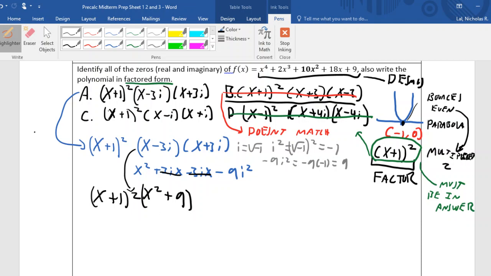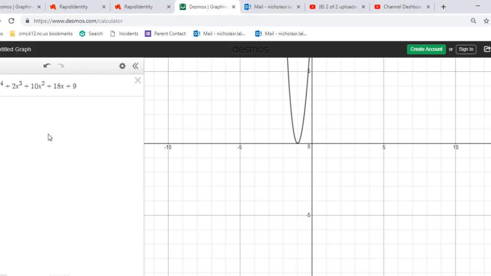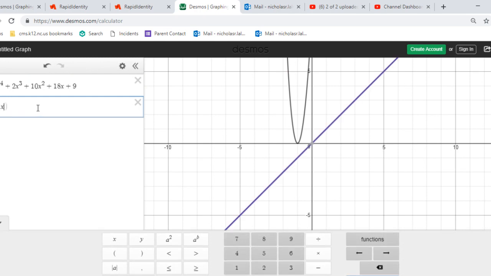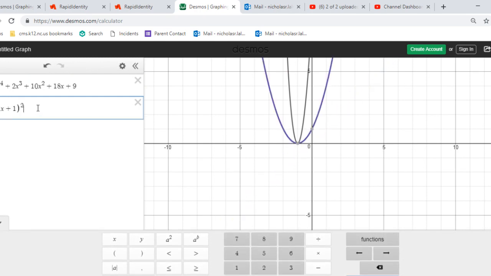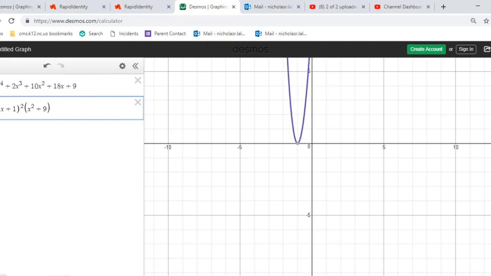And x plus 1 squared times x squared plus 9 will match up with our original graph perfectly. So we know the answer choice is A.